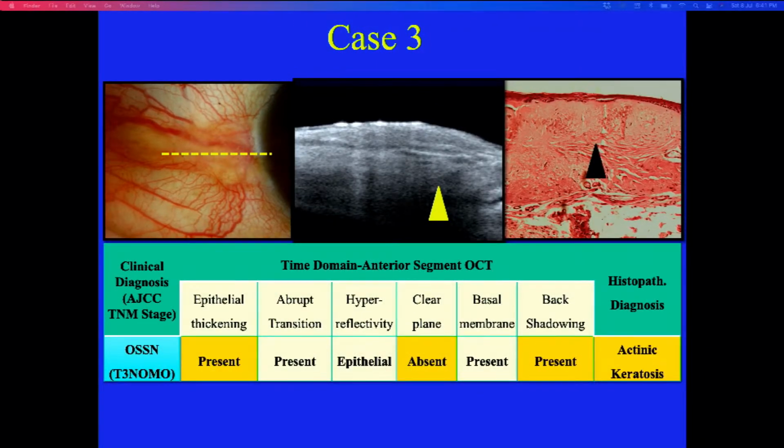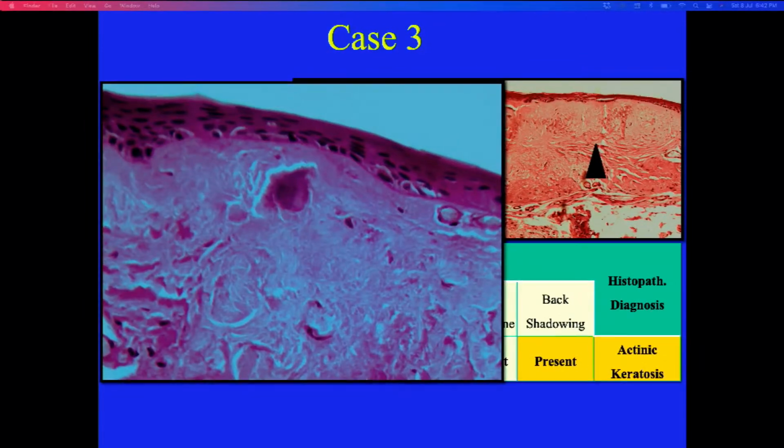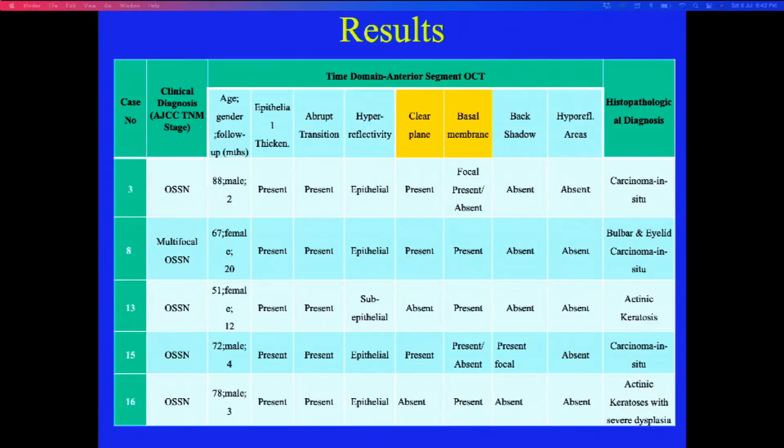This one, however, turned out on histopathology to be actinic keratosis, right? So then it was not really differentiating the precancerous lesions from lesions that were obviously intraepithelial malignancy. And that's the histopathology to mark what we had.